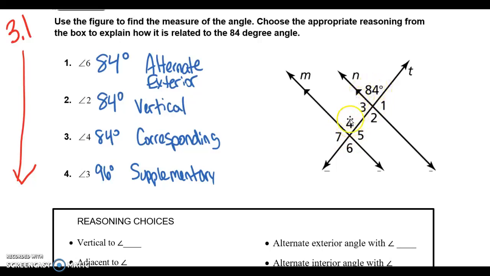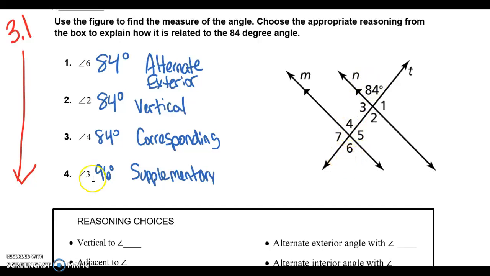So 4 is also 84. Angle 6 is also 84. So these two and these two are all 84. And angle 6 up here, because it's alternate exterior to the 84-degree angle. They are definitely outside of the parallel lines and they are on opposite sides of the transversal.